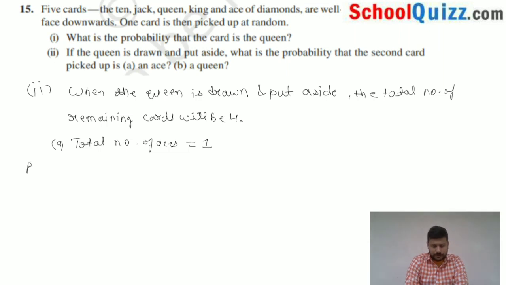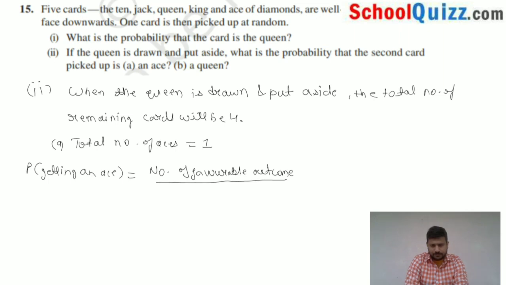So probability of getting an ace is equal to number of favorable outcomes upon number of total possible outcomes, which is equal to 1 by 4.